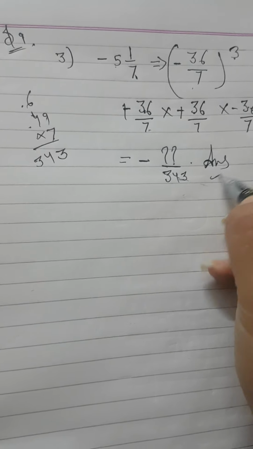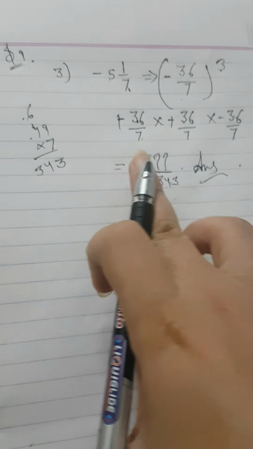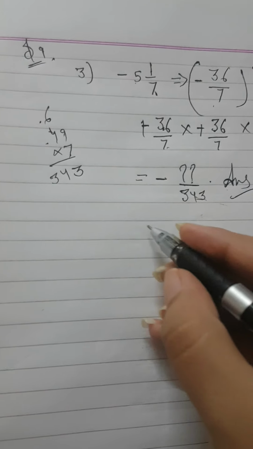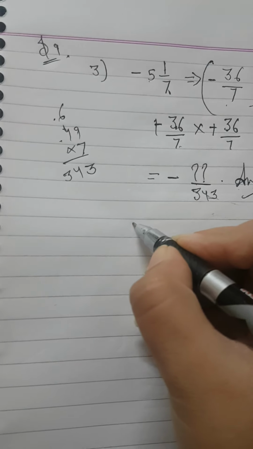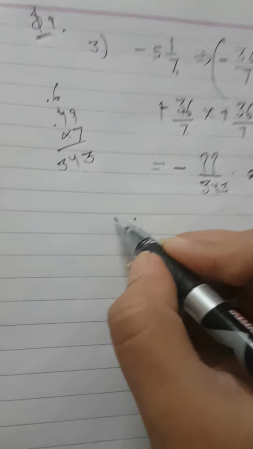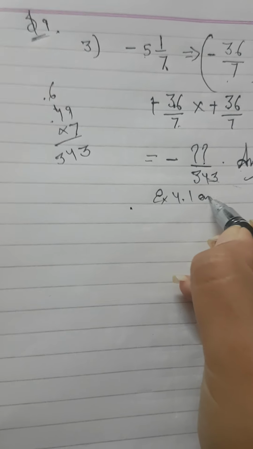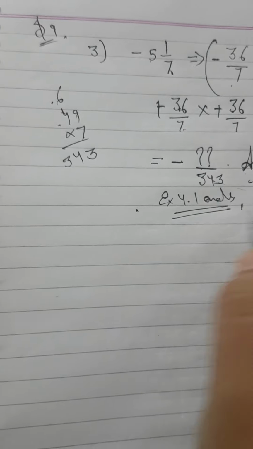So this is the answer of the third part. Very easy. Whatever number is given to you, you have to find the cube, that means you need to multiply 3 times. So this is the answer of your question, and here exercise 4.1 ends. Make sure every one of you does it in the notebook by today itself. Thank you.